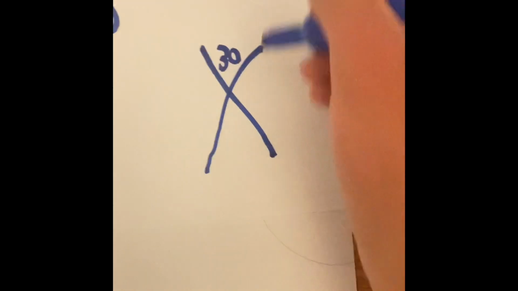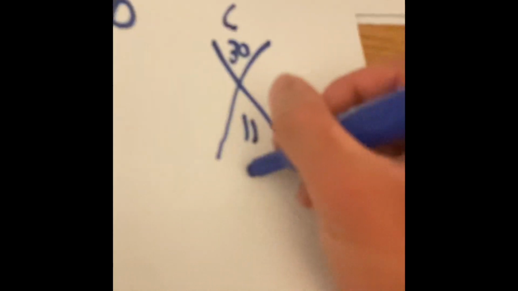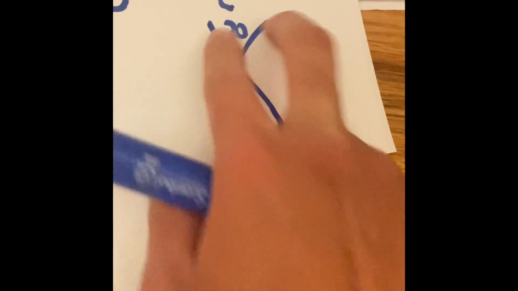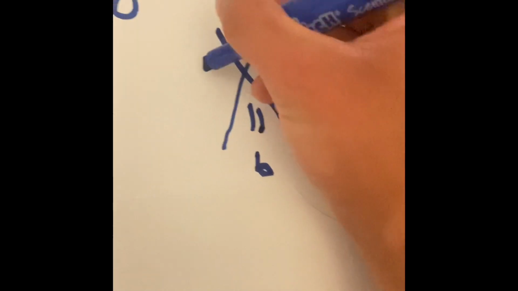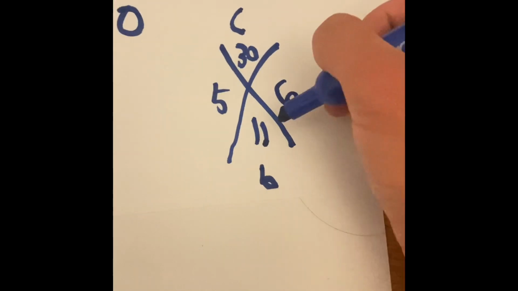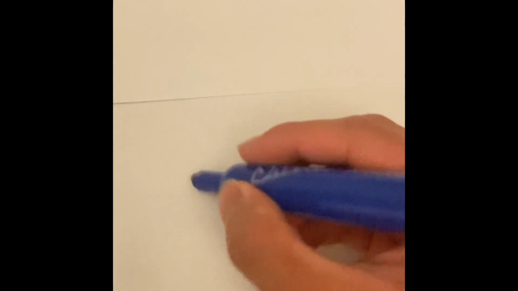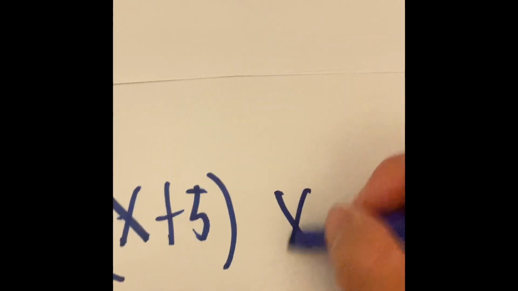So we're going to use the diamond problem, putting 30 on the top, representing the letter C, and 11 on the bottom, representing the letter B. So what two numbers multiply to 30 and add up to 11 at the same time? Well, we can write 5 and 6, because 5 times 6 equals 30, and 5 plus 6 equals 11. So we can rewrite the equation as x plus 5 and x plus 6.